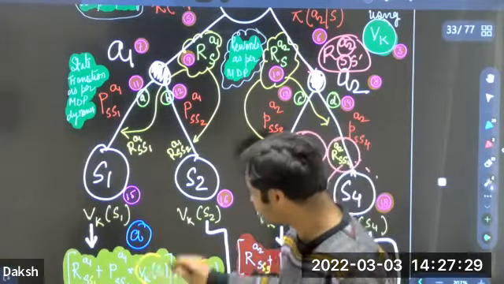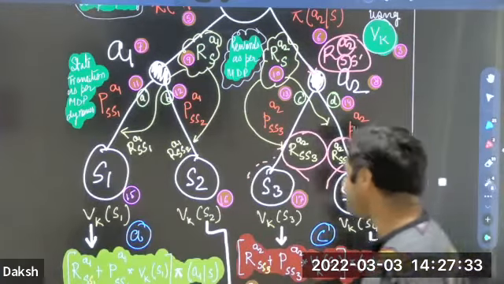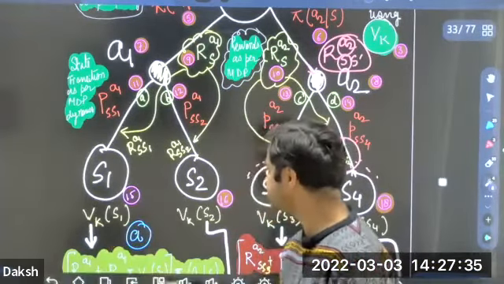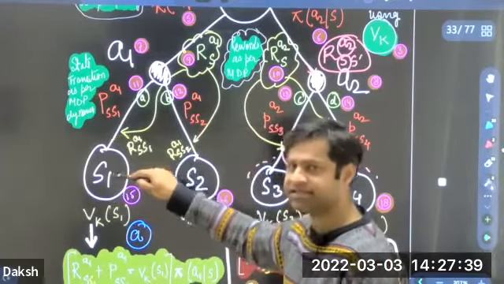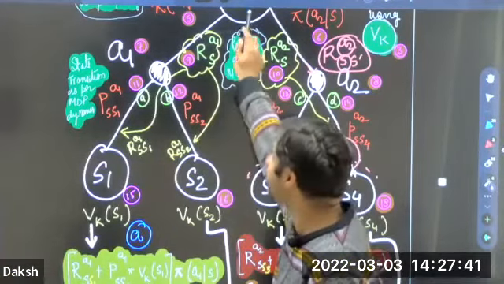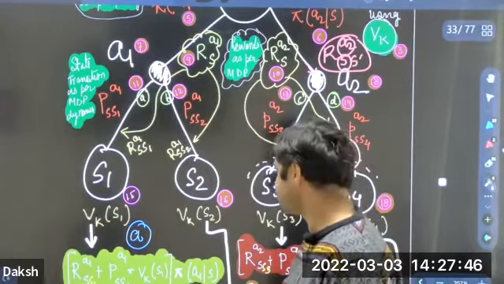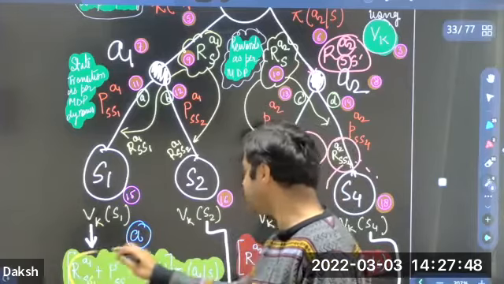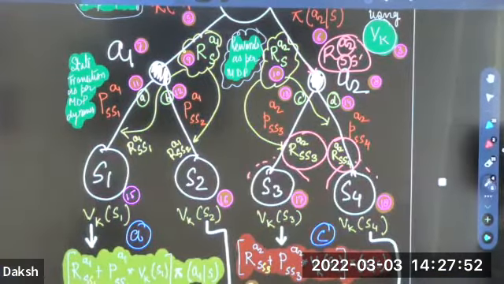So this is what we are going to utilize. This is the probability by which it is going to land onto this state if you have taken action A1 at this state. So this is the total amount that you can achieve.